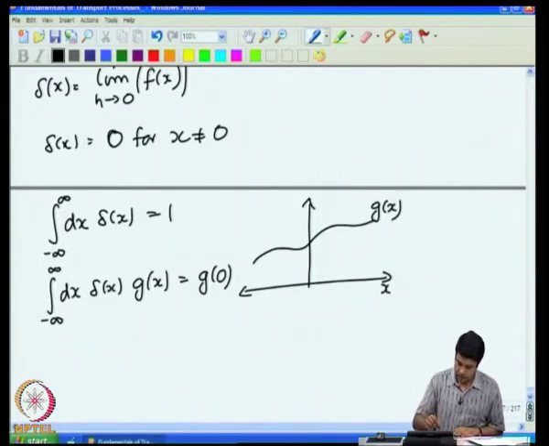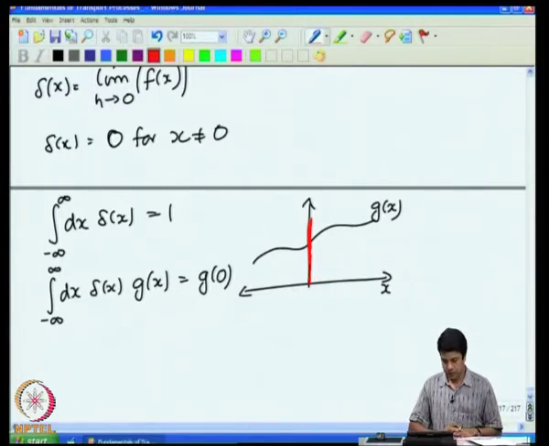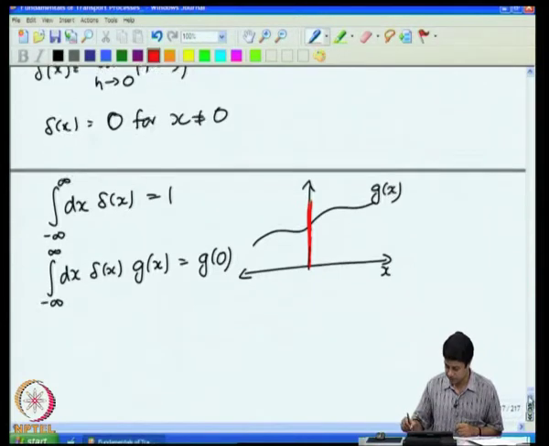The delta function is non-zero only at the origin. So, this is the delta function. Everywhere else, apart from x equal to 0, g of x is being multiplied by 0, so it is identically equal to 0. Only exactly at the origin is delta of x non-zero. Therefore, only at the origin is g of x being multiplied by a non-zero number, and this result is non-zero only at x equal to 0.